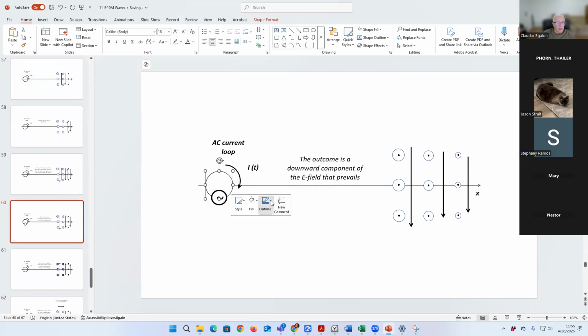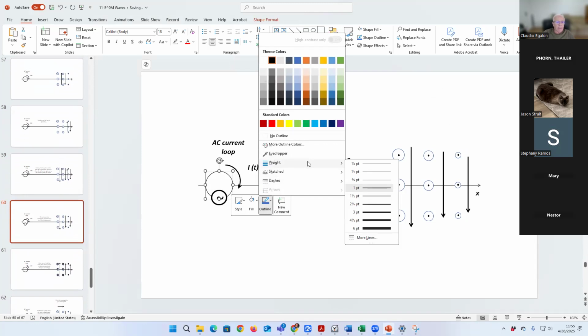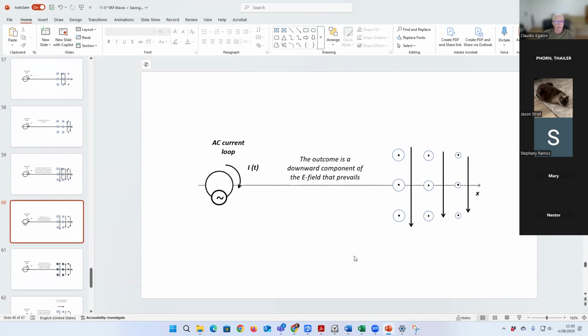Just to emphasize the fact that we must have a generator in this loop, in this current loop.